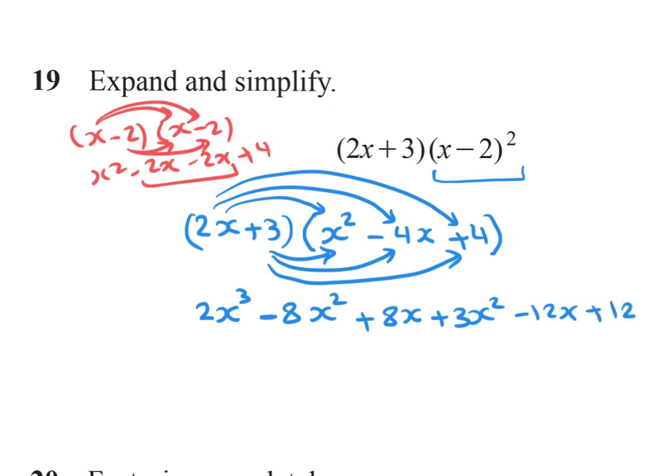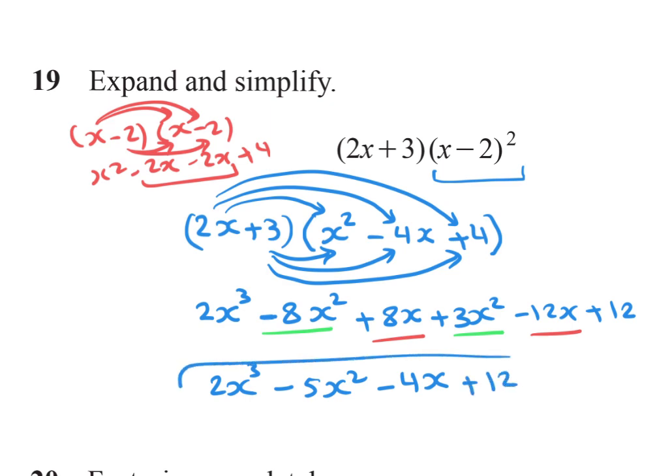To combine the like terms, write 2x to the power 3. We have negative 8x squared and positive 3x squared, so minus 5x squared. And we have 8x and negative 12x, so minus 4x, then plus 12. So this is the answer.